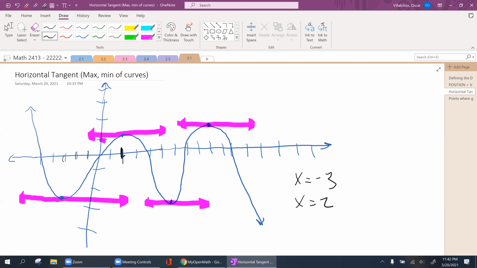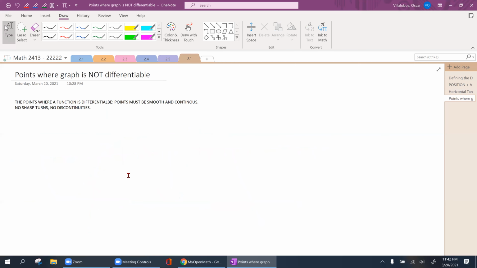We'll say this one is 3, 4, 5, 6, that's at x equals 6, and 6, 7, 8, 9, 10, at x equals 10. So at those specific x values, the slope is 0. You have horizontal tangents, meaning it's a horizontal line, so the slope is just 0.